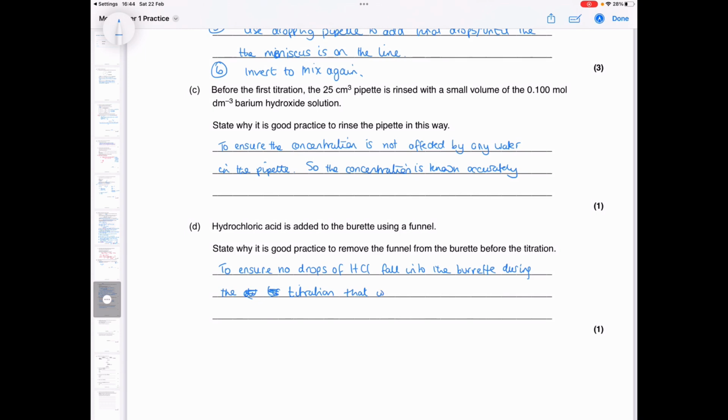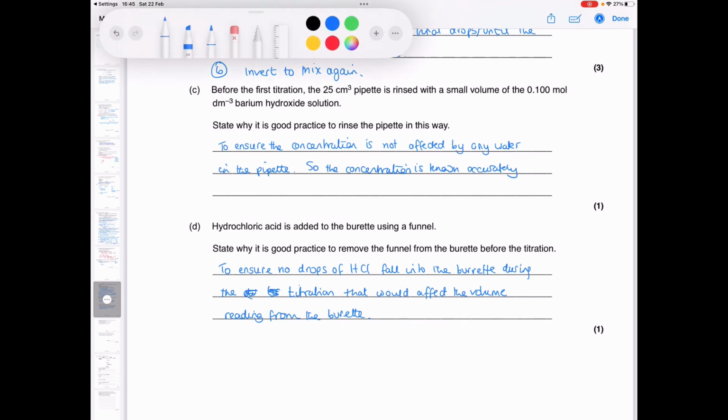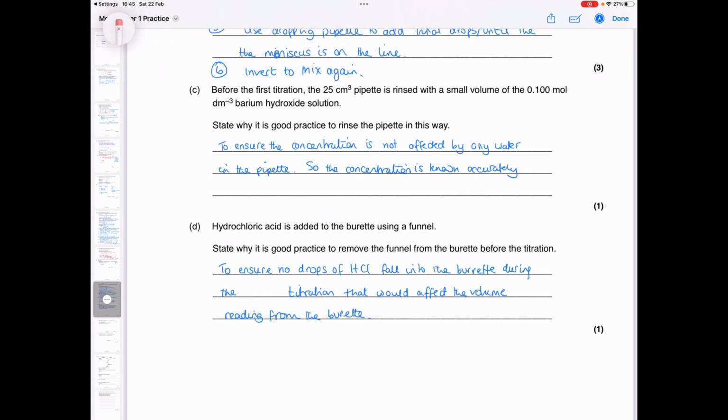That would affect the volume reading from the burette. Okay, and that would spoil the reading from the burette.